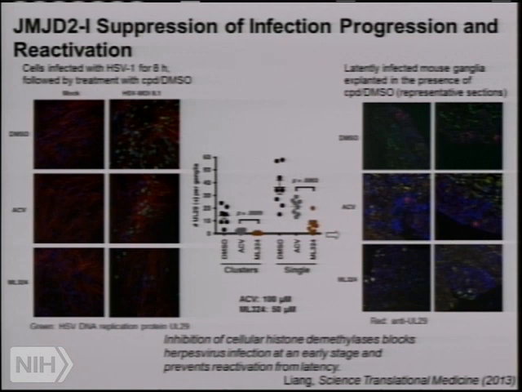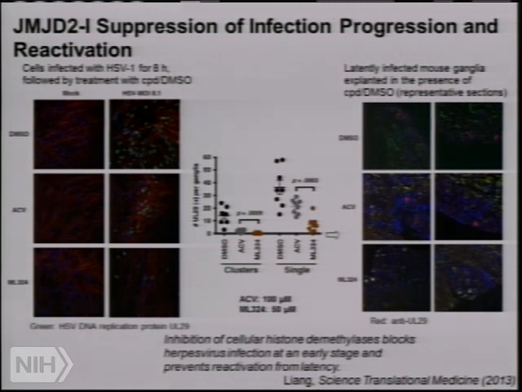At this point, we treat with compound or DMSO, and we look in this case for red staining, looking at individual neurons or clusters, and these are pairs of representative sections. It's all quantitated here based on clusters and single cells.